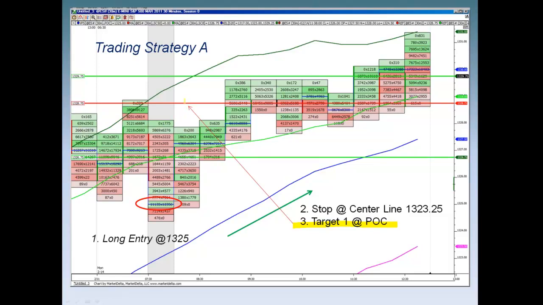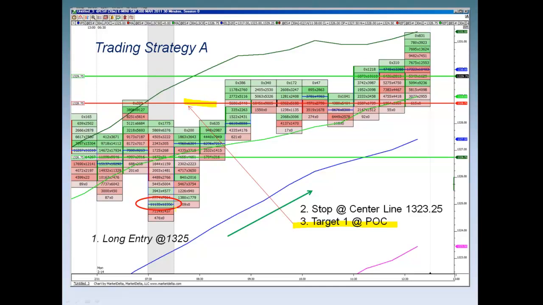So the gains that I would be looking at would be somewhat limited, and I need to recognize that. This is where learning and understanding the type of structure and the type of day that we're in really helps. It makes you pick reasonable targets and targets that are in line with the nature of the market structure that's developing. So I would put my target at the POC.